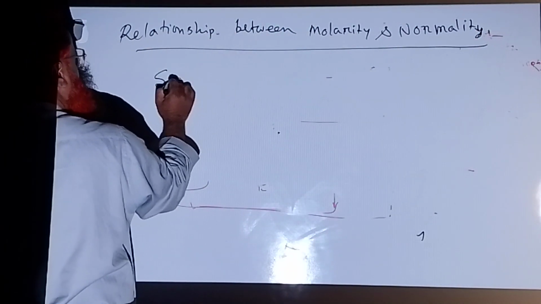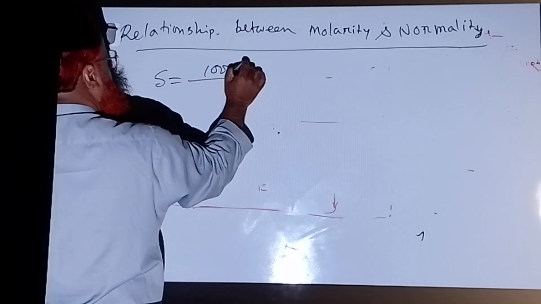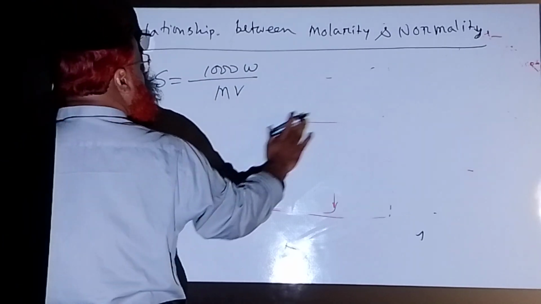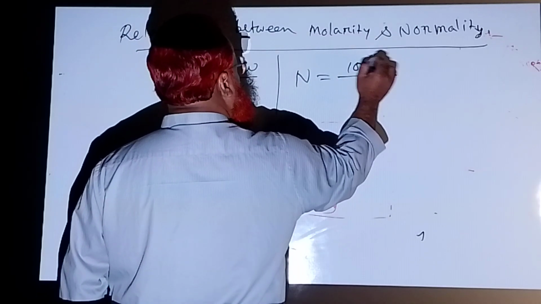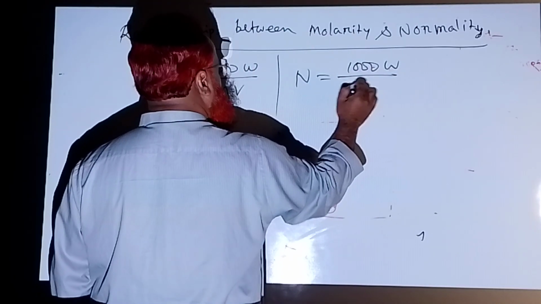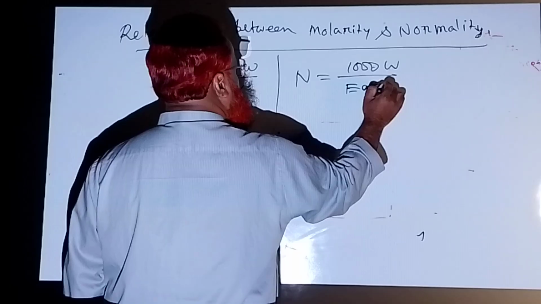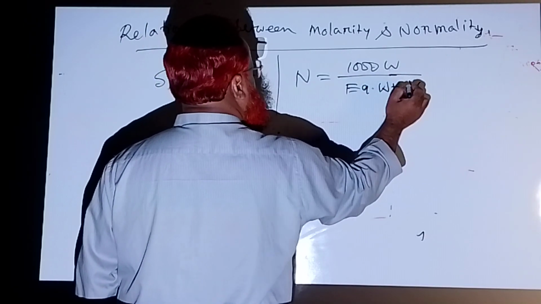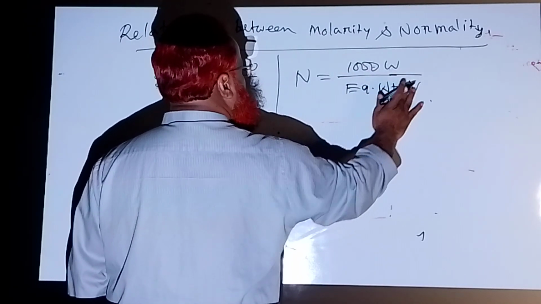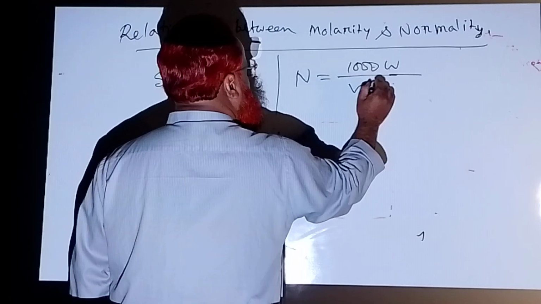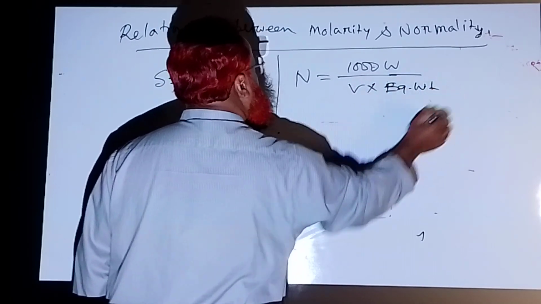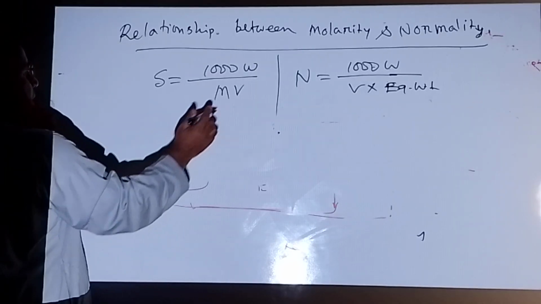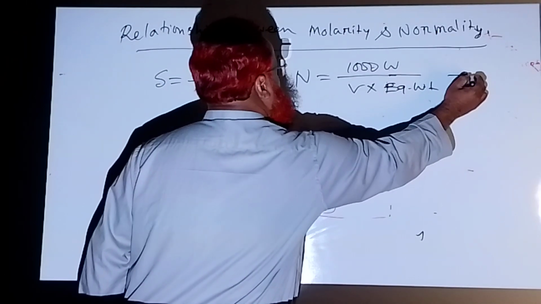You know that molarity S equals 1000 W by M into V, and for normality you have already found N equals 1000 W divided by equivalent weight into V. Now, this is 1, this is 2.